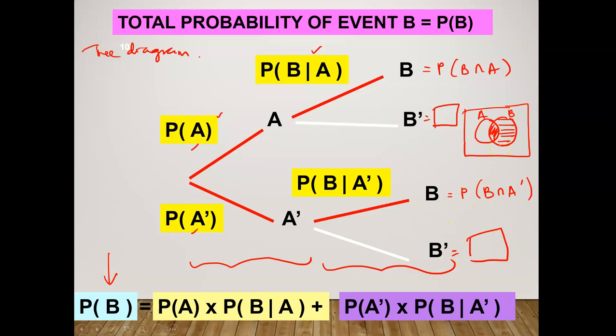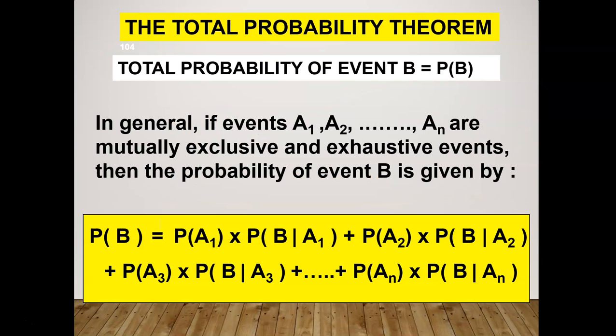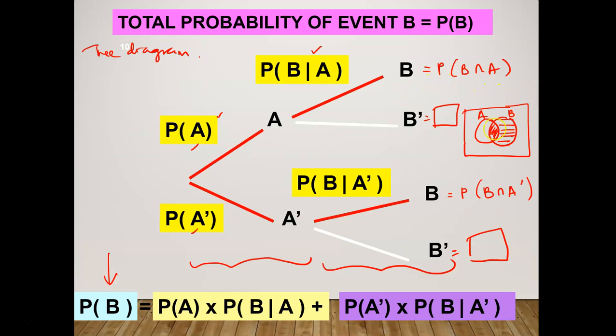The concept is the same. So the total probability theorem gives the total probability of event B, as we saw earlier.